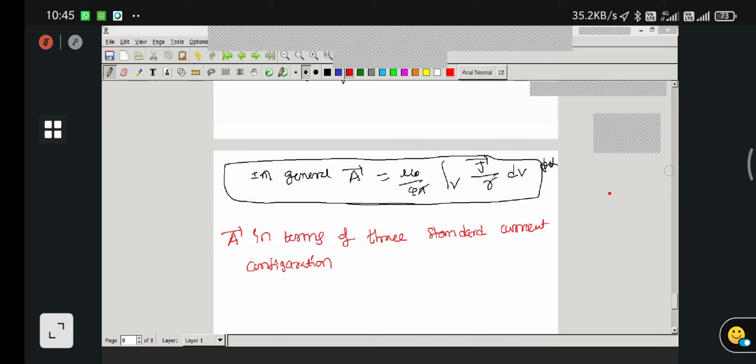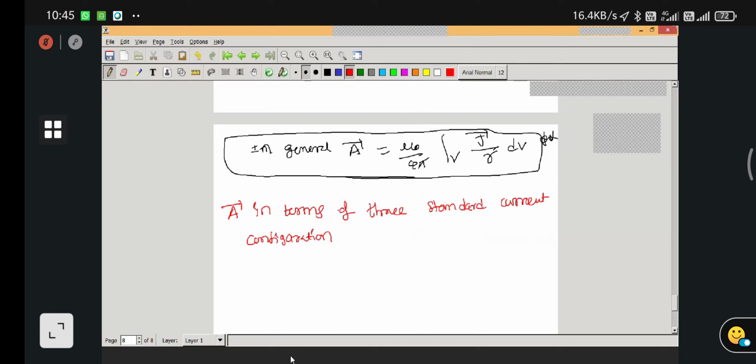Now we discuss the vector A in terms of the three standard current configurations: line, surface, and volume current in the magnetostatic field. I dl vector equals K vector ds equals J vector dv, measured in ampere per meter.